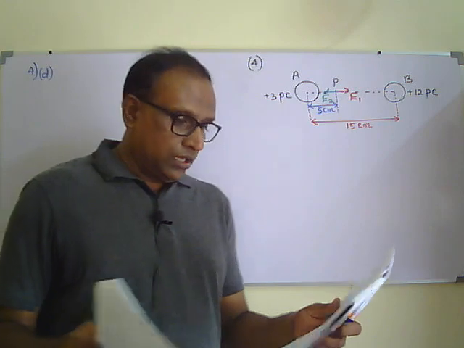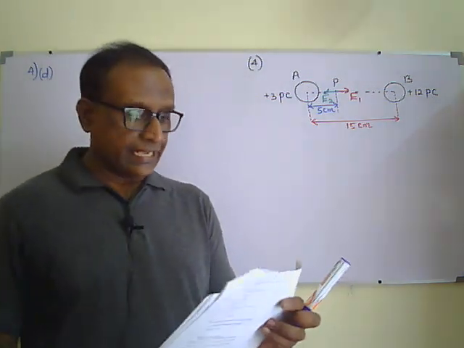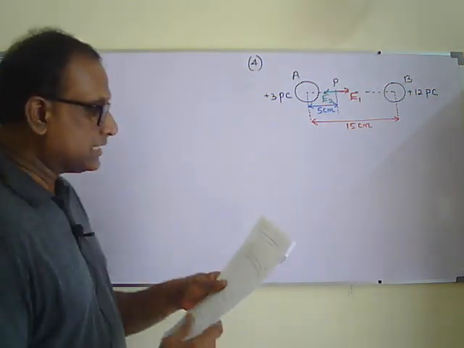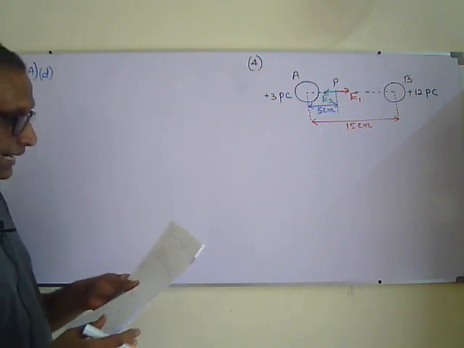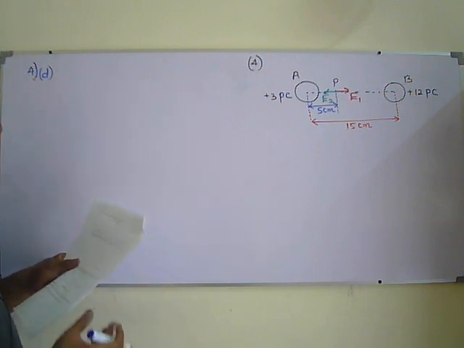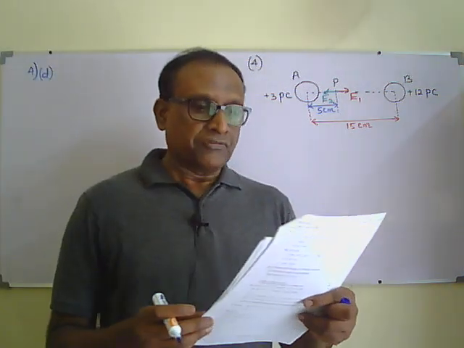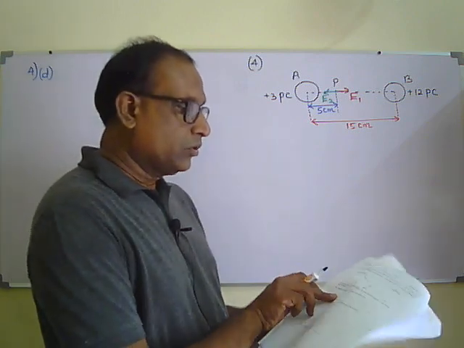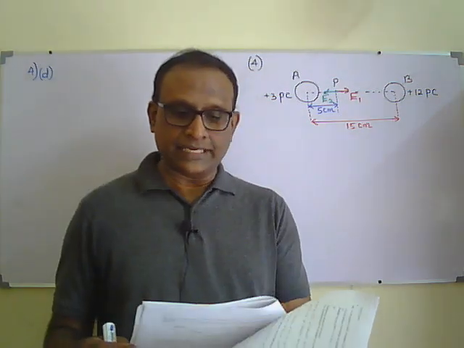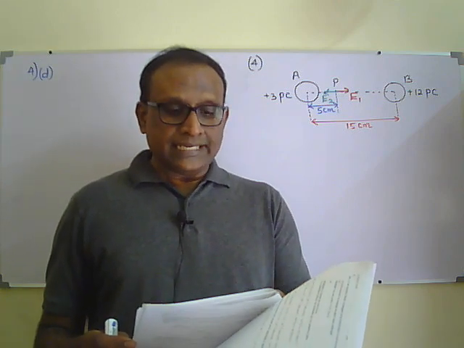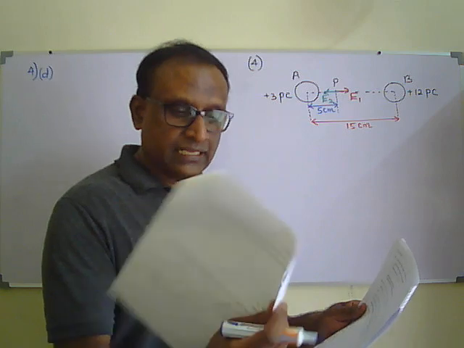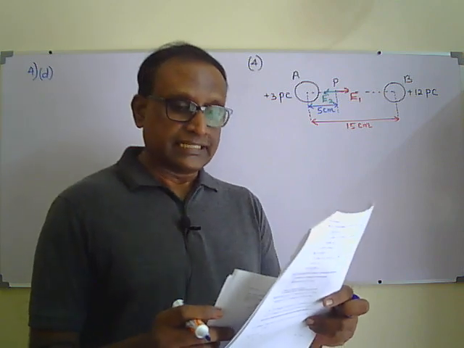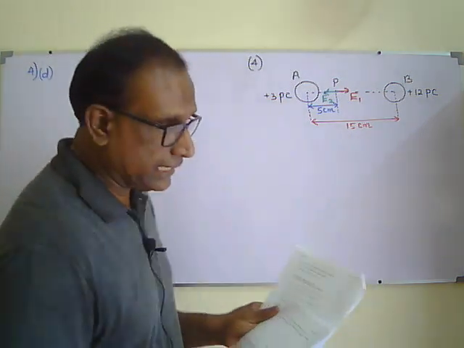Okay, next part, that is part D. A silver 107 nucleus, that is Ag107, the mass number is 107, atomic number is 47, so number of protons is 47, has a speed v when it is a long distance from points A and B. Use your answer in C to calculate the minimum value of v such that the nucleus can reach point P. We found the potential in part C, right?